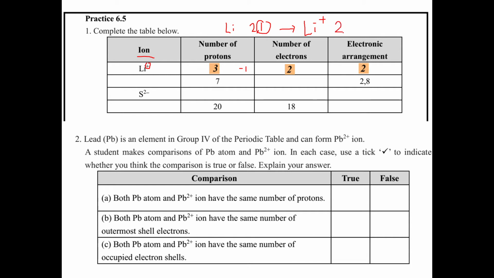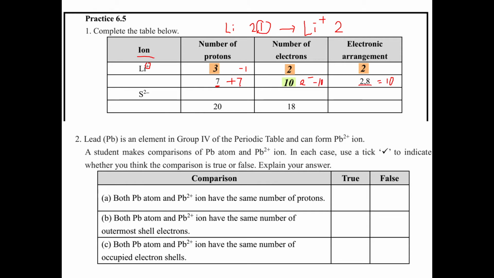Similar thinking process for the second one. You know the number of protons is 7, and the electronic arrangement is 2, 8. So it should have 10 electrons, right? The total number of electrons for this ion should be 10. So 10 negative and 7 positive protons.